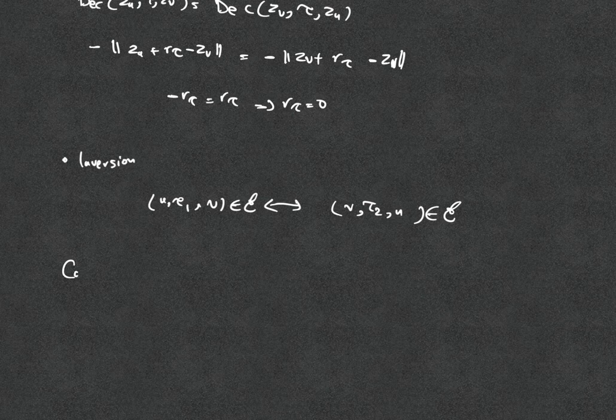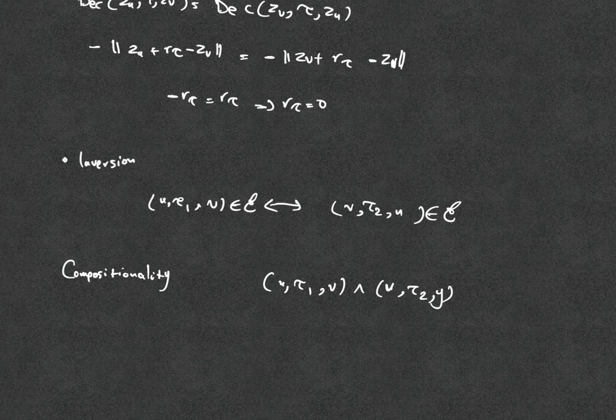And the third thing is compositionality, meaning that if you know that tau 1 exists between u and v, and tau 2 exists between v and y, this means that tau 3 exists between u and y.